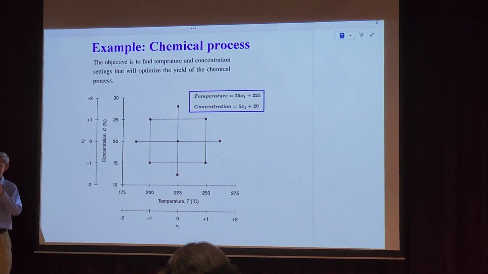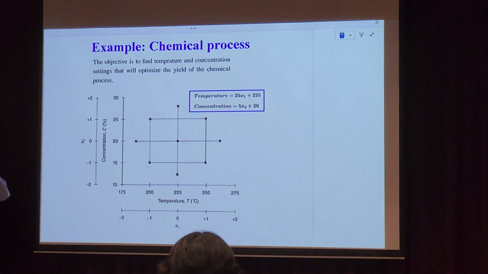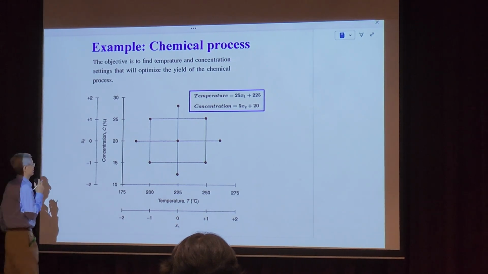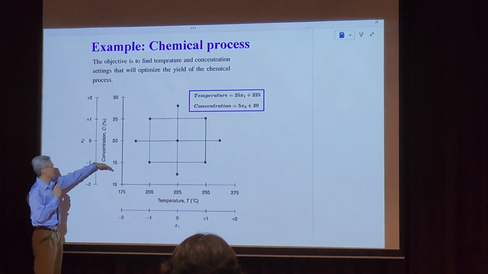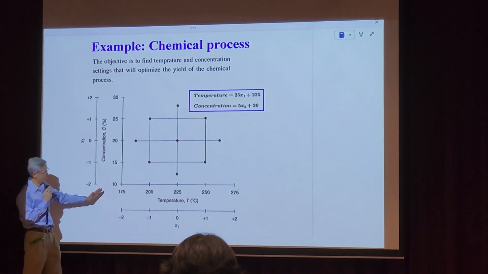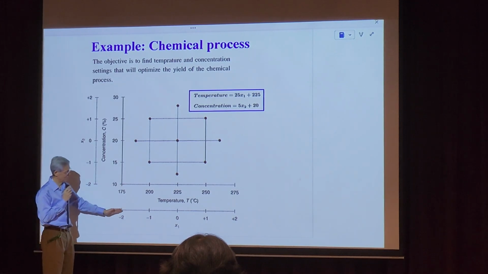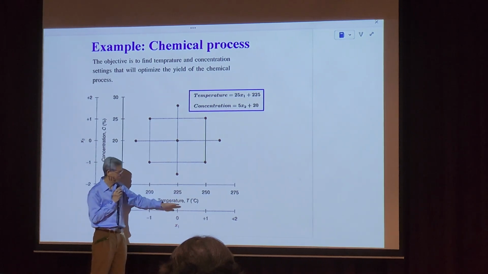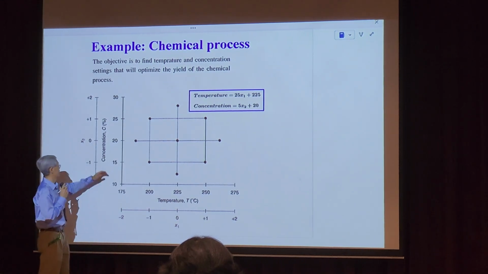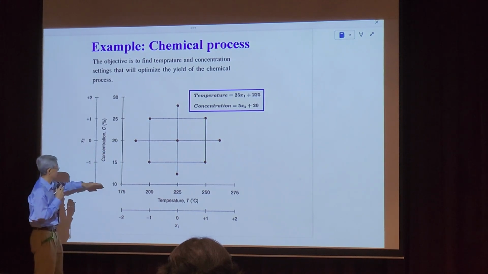See, response surface methodology can be used in the kitchen, but it's mostly used in chemical processes. They want to determine the setting for the best yield that they can get. So concentration also has its own units, so you can match it with this variable here. Temperature with x1, concentration with x2.